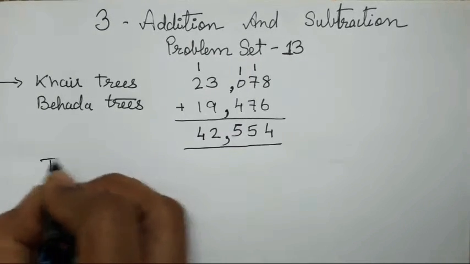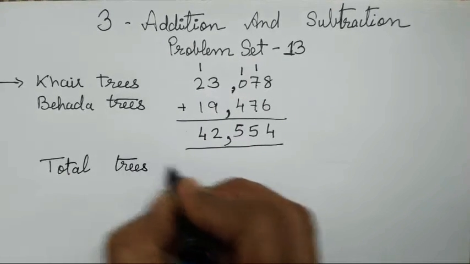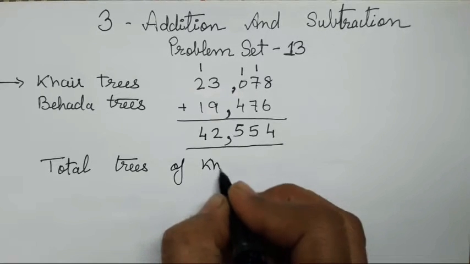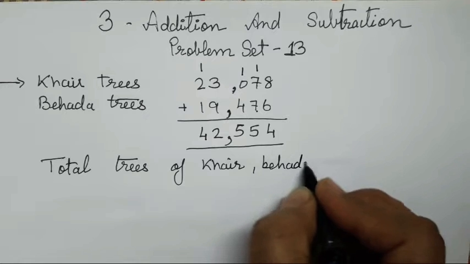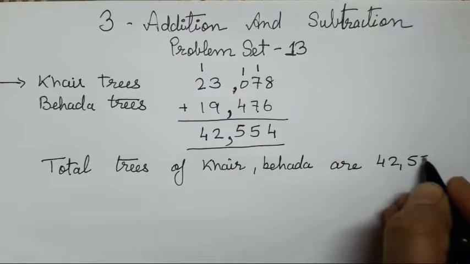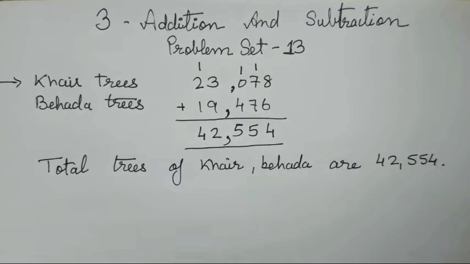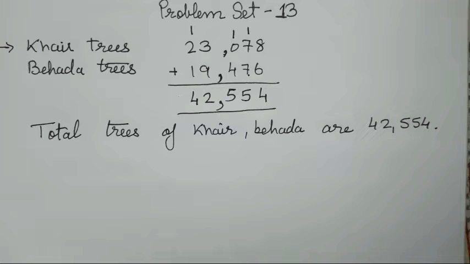So, total trees of care and bihada are 42,554.